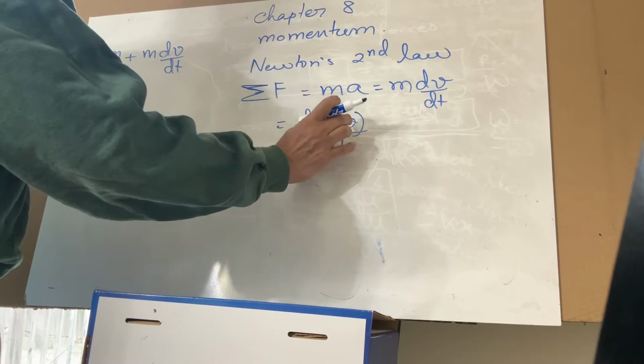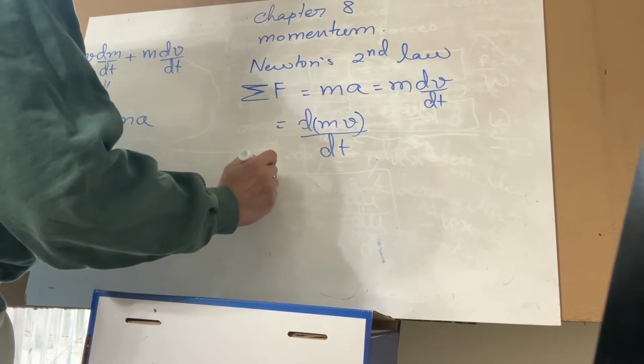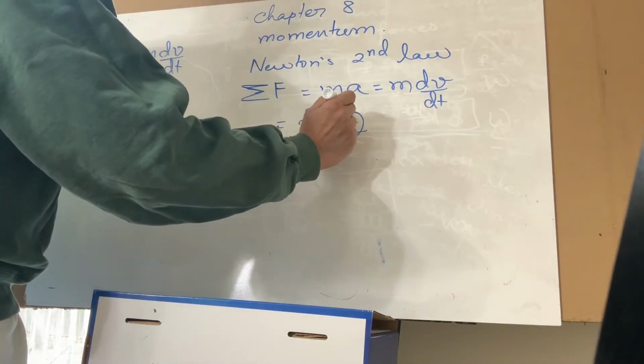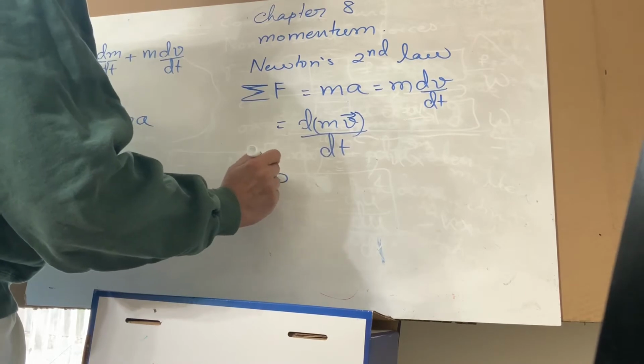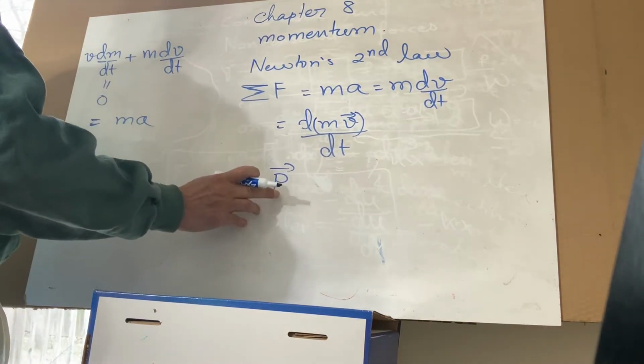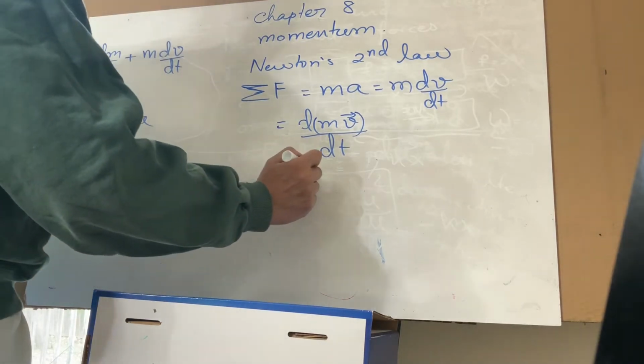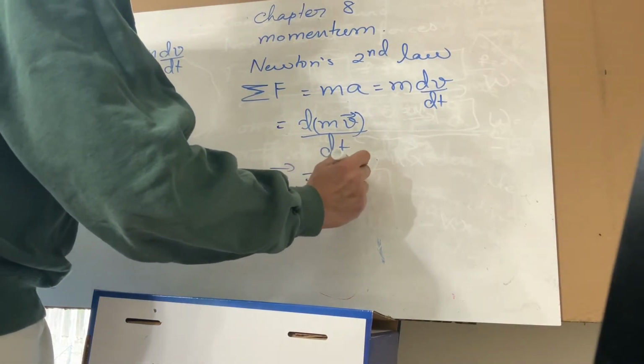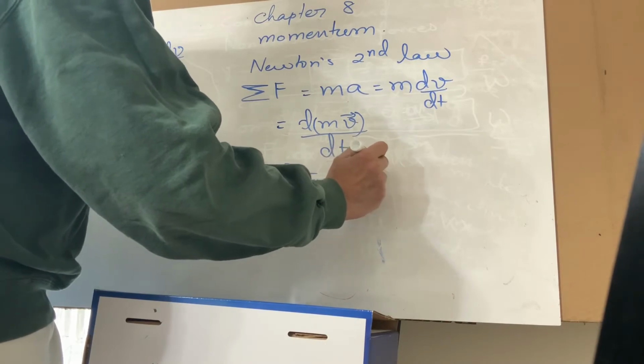And I'm going to define this quantity. Because v is a vector, this quantity is also a vector. It's called momentum, and I'm going to use lowercase p. Momentum is equal to mass times the velocity.